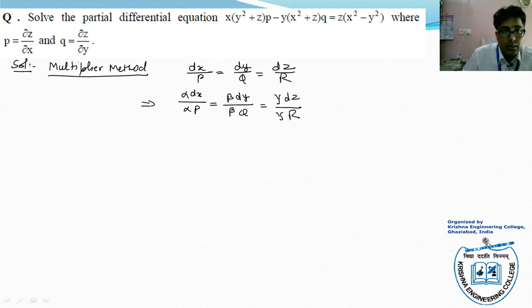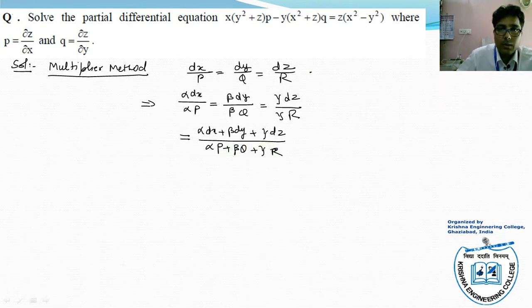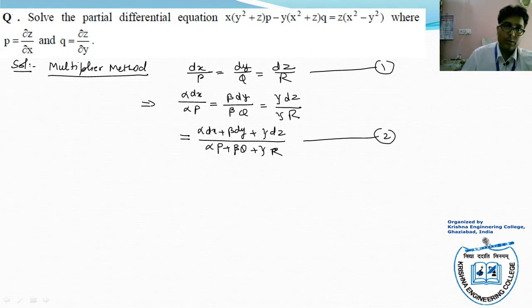So we take the sum of numerators and the sum of denominators, then this becomes alpha dx plus beta dy plus gamma dz upon alpha P plus beta Q plus gamma R. This is equation first, this is equation second. Equations first and second are equal because these are equal ratios.